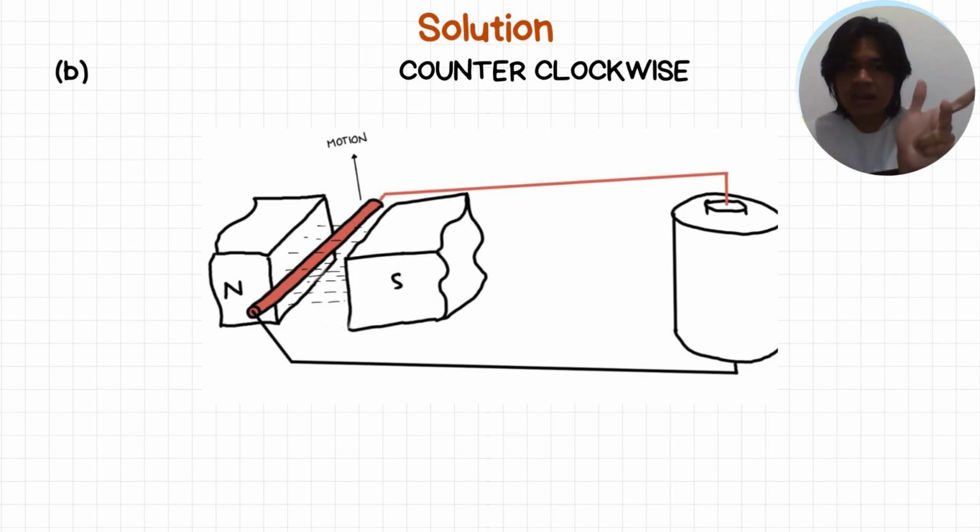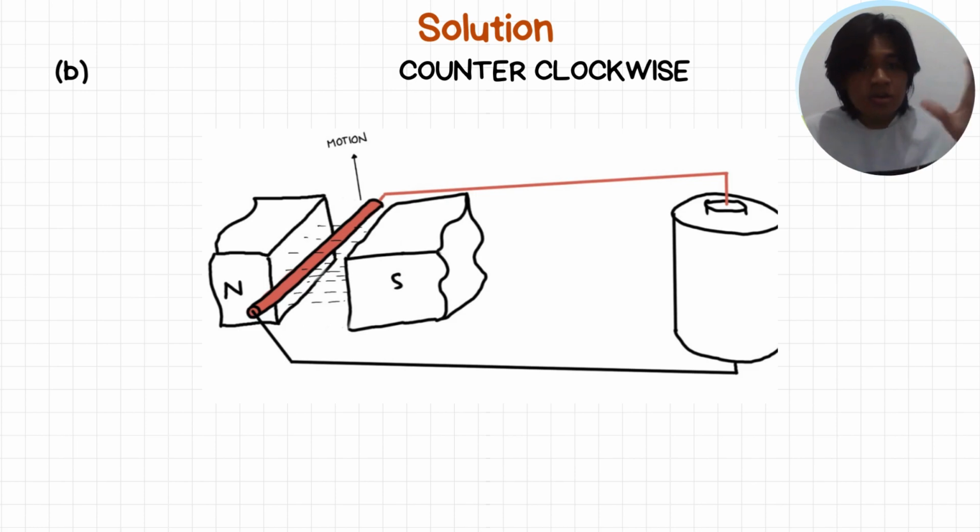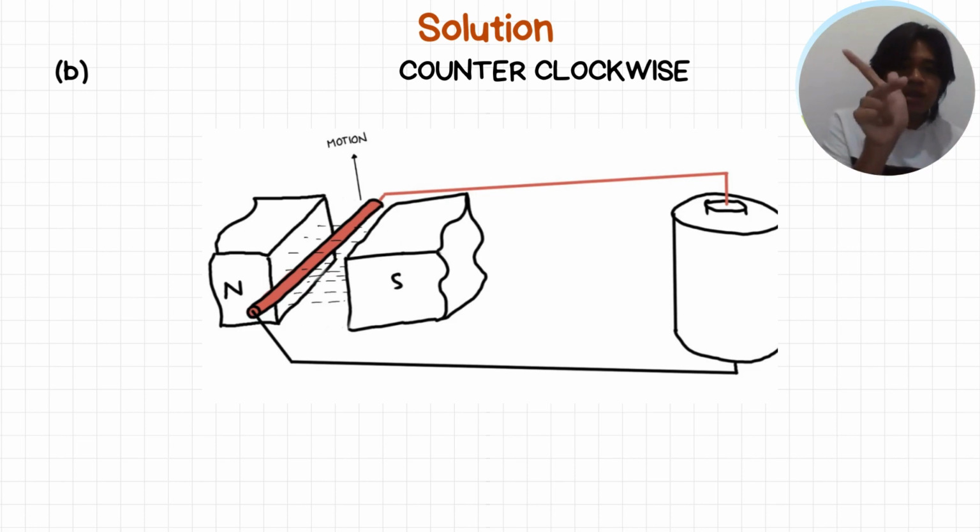So if a DC generator was turned into a DC motor, it rotates opposite to the generator. Remembering that the generator rotates clockwise, the DC motor will rotate in the counterclockwise direction, thus our answer is counterclockwise.